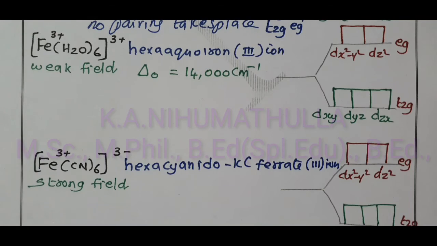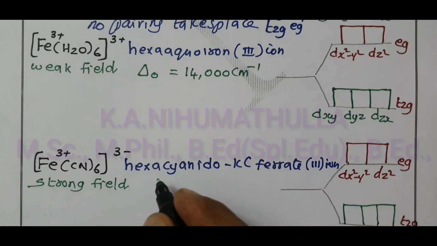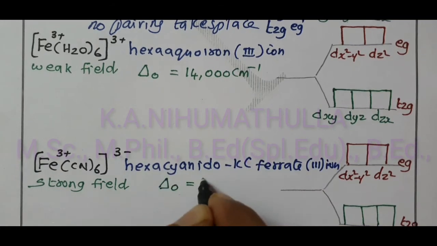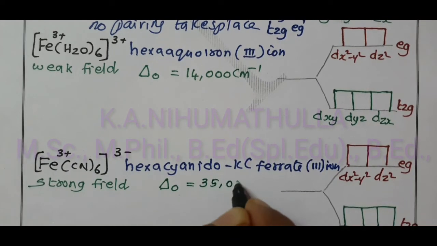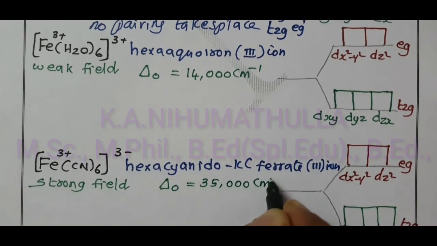The octahedral crystal field splitting energy of this complex, delta O, is 35,000 centimeter power minus 1.